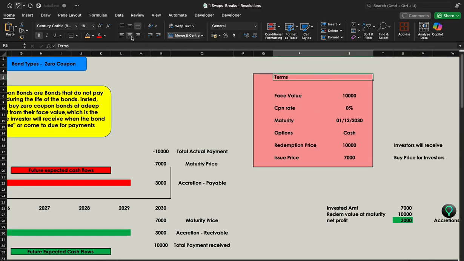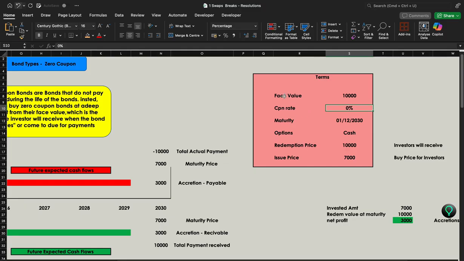The company issued bonds at a zero coupon rate. Maturity, let's say it will mature in 2030. Face value of the bond is 10,000. Option cash, so it will be redeemed in cash at the time of redemption. And the redemption price or maturity price of the bond is 10,000.